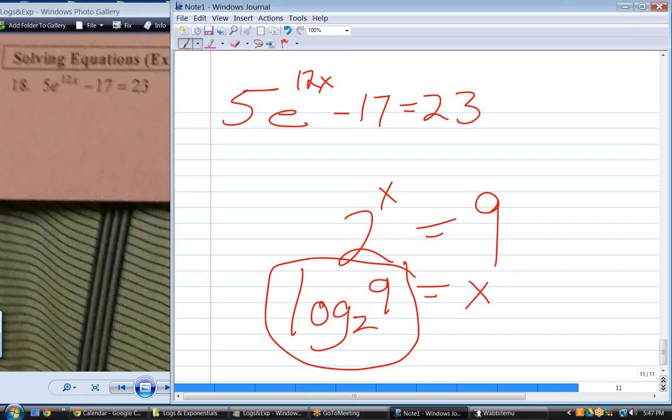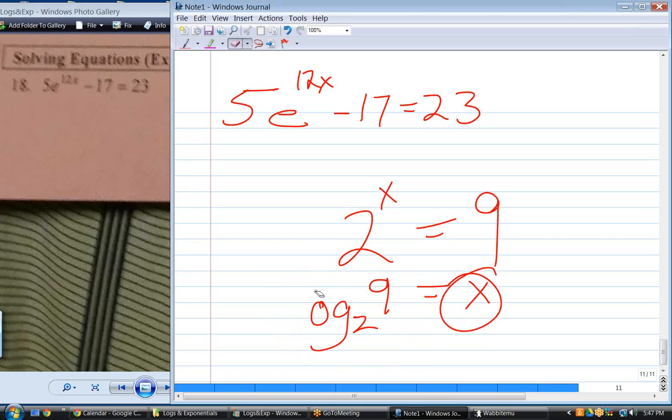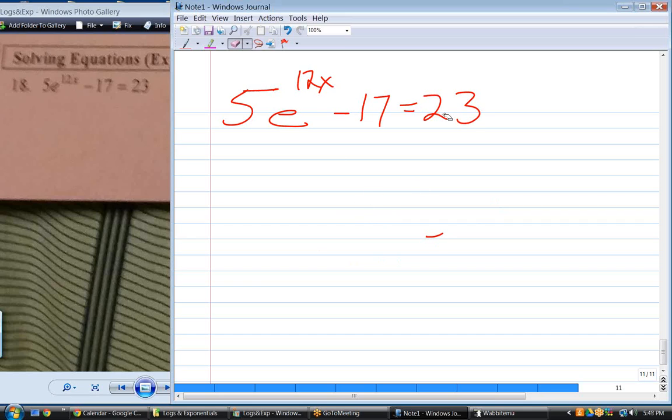That would be the log of 9 divided by the log of 2. So that's a number, and that's what we were trying to solve for. So when we have an exponential expression that we can't solve, we have to use logarithms to solve it. So we're planning on using logs to solve this thing. But first of all, we have to get that isolated.